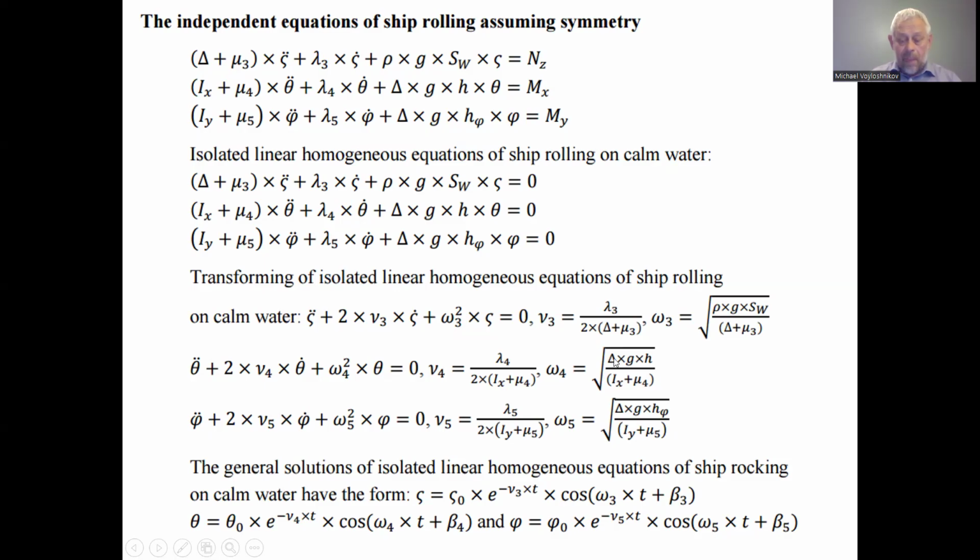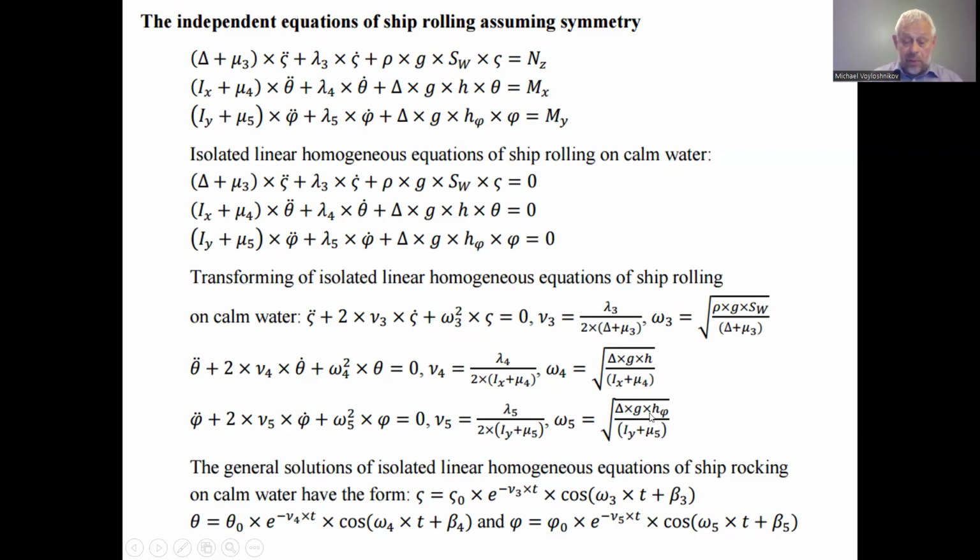This is the moment: the weight of the ship delta multiplied by gravity acceleration, and this characteristic of the metacentric height. If we multiply this all, assuming a small angle of ship rolling, the heel angle, we will have the moment restoring the ship to the balanced position.